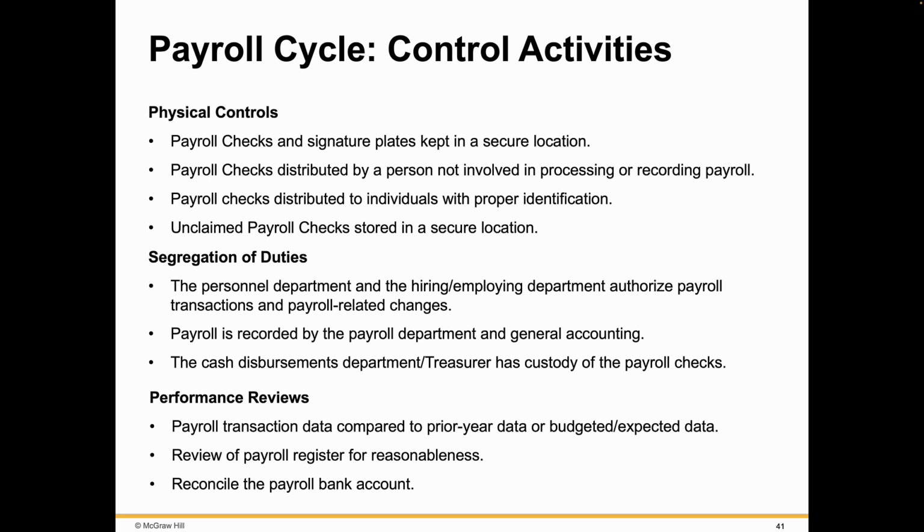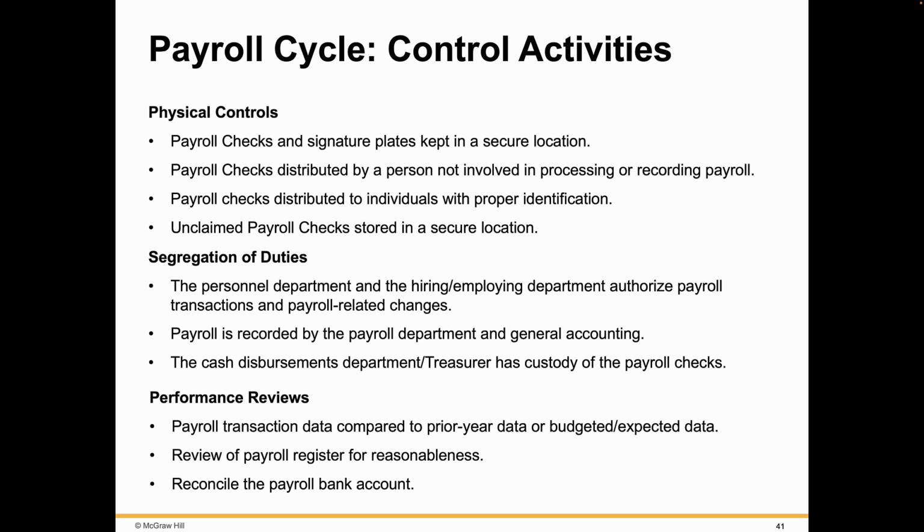We also want to make sure that the payroll checks are distributed to individuals providing proper identification, and any unclaimed payroll checks are stored in a secure location. Obviously, with segregation of duties, we want the personnel department and the hiring and employee department to authorize those payroll transactions. Payroll is recorded by the payroll department and general accounting, and then the cash disbursements department or treasurer keeps custody of those payroll checks.